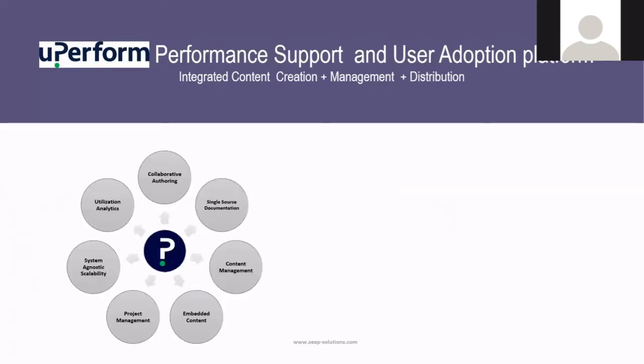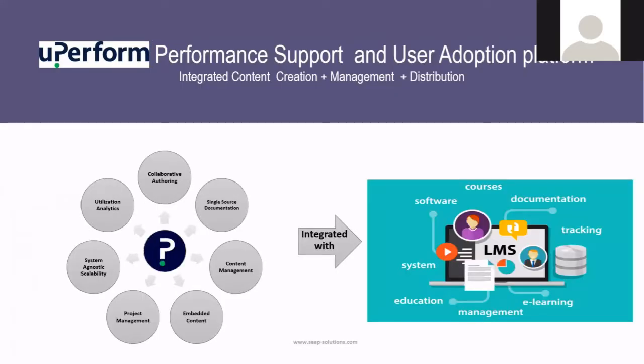So basically, UPerform is an authoring tool that comes with a learning content management system built in with it. So UPerform will help you create your step-by-step processes. It'll create everything from your simulations to your documents, anything that you want to import into your learning management system if you already have one set up.